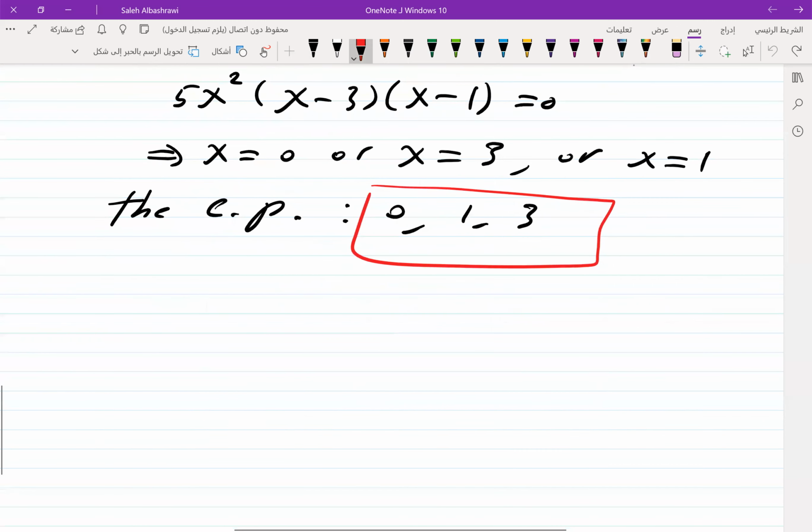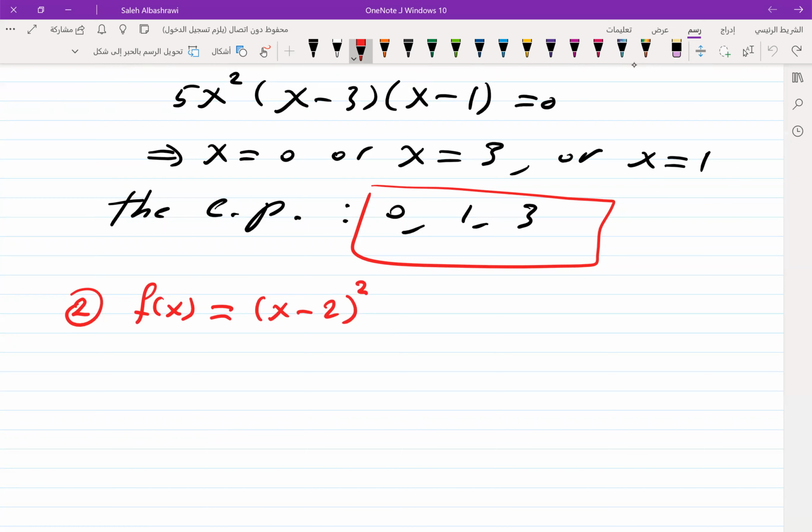Another one, example number 2. F of x equal to x minus 2 to the power 2 multiplied by x plus 1. So let's find the derivative of this function. We apply the product rule.